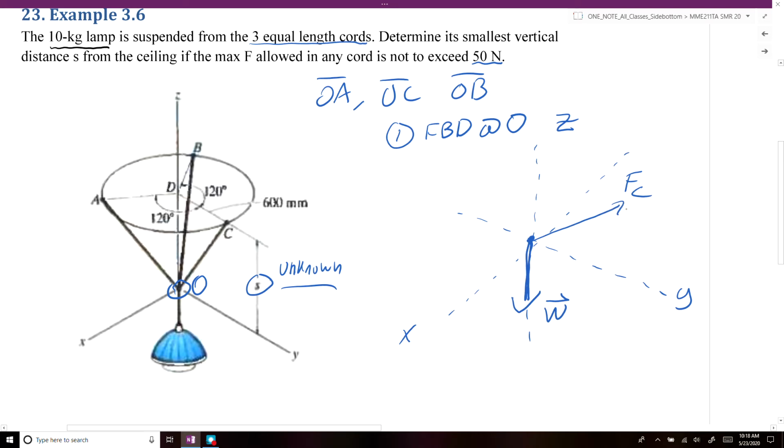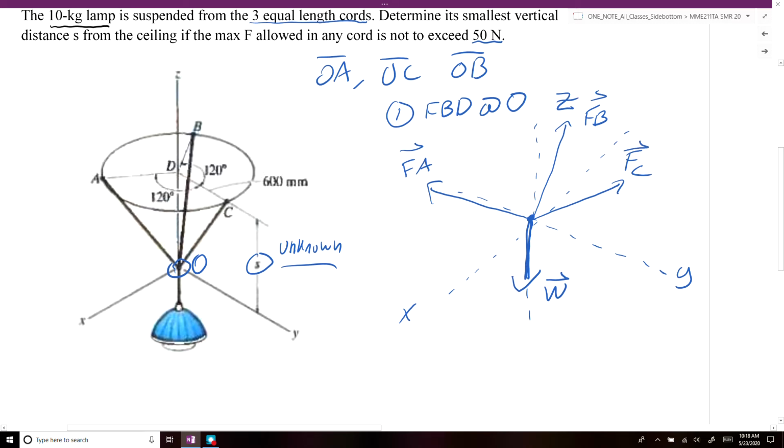We have a force that goes from the origin to point B, and we have a force that goes from the origin to point A.